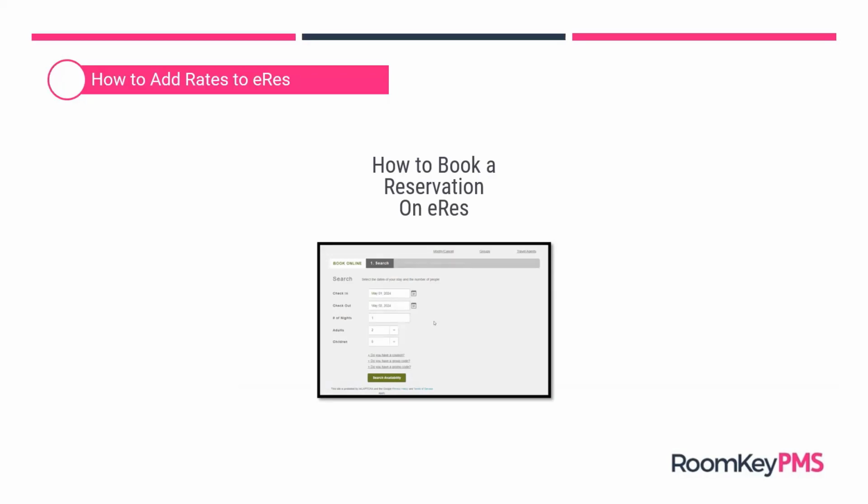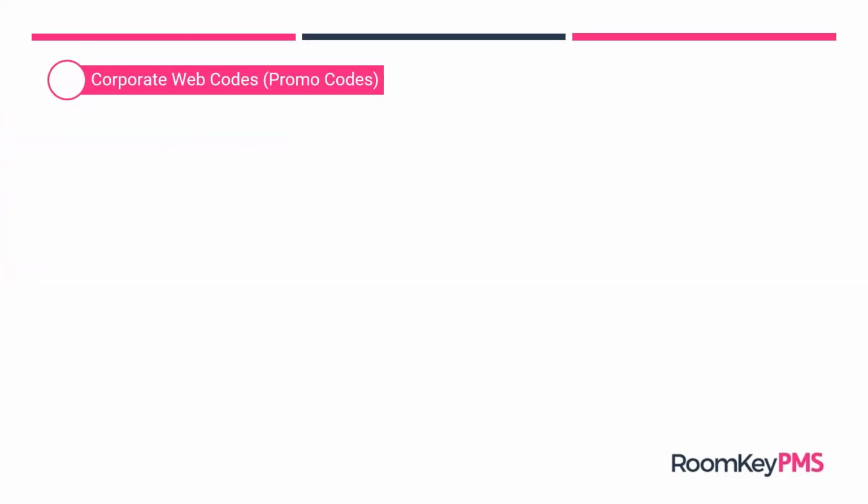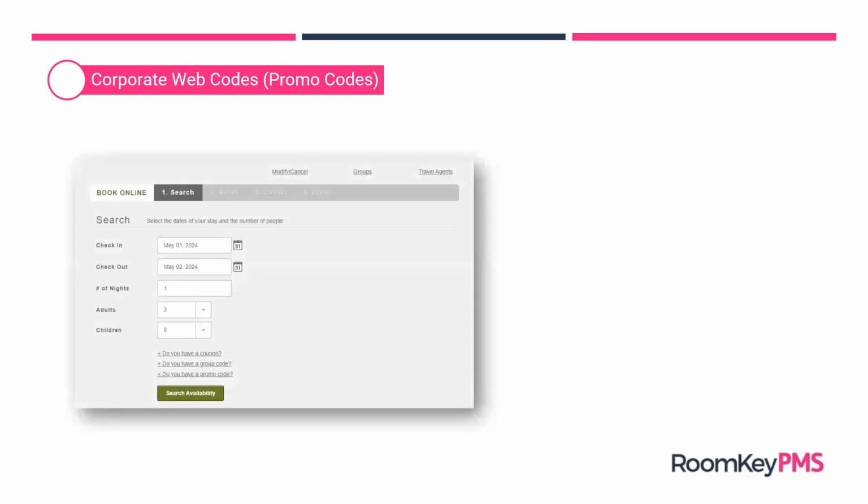Now let's take a look at another type of booking. Next, we have corporate web codes, also called promo codes on eRes. So from the eRes booking engine, when the guest is making their booking, I did go through that process just now, but at the bottom of the screen, before I search for availability, I have the option to add a promo code.